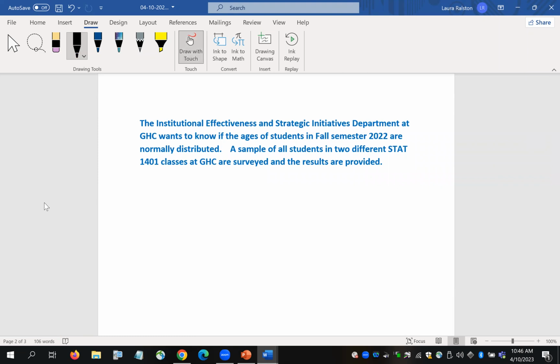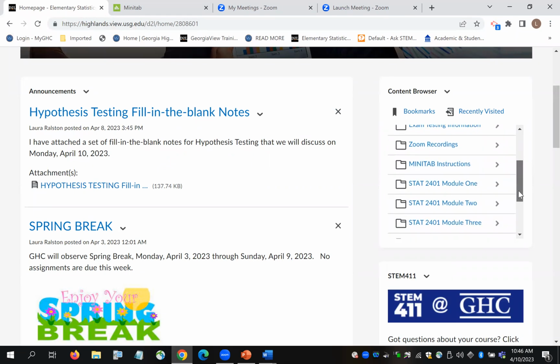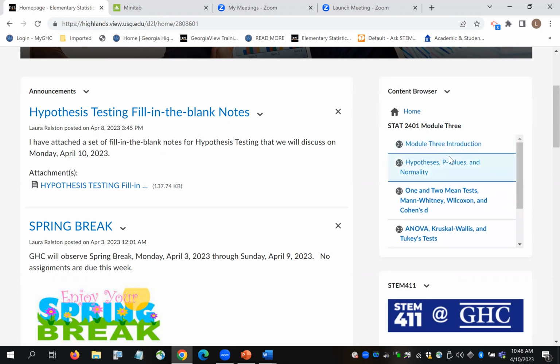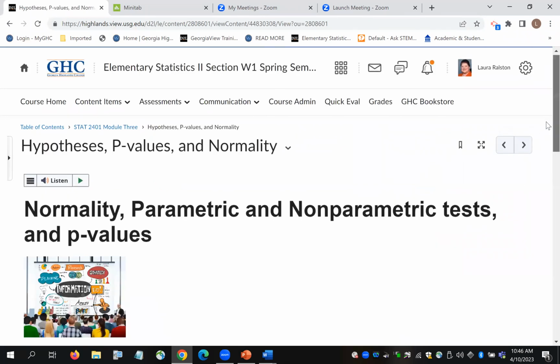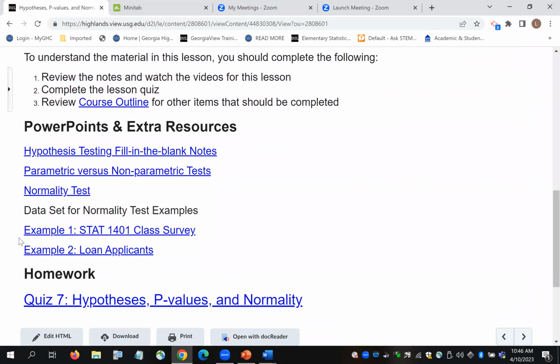A sample of all students in two different Stat 1401 classes at GHC are surveyed and the results are provided. If you look at this lesson in Module 3, the lesson on hypotheses, p-values, and normality, and scroll down, I have the data set for the normality test, example 1, example 2.